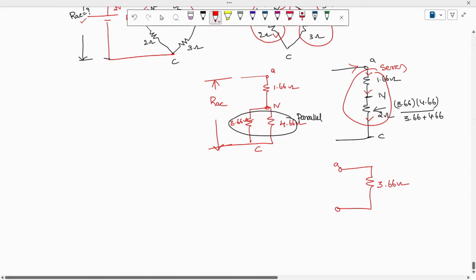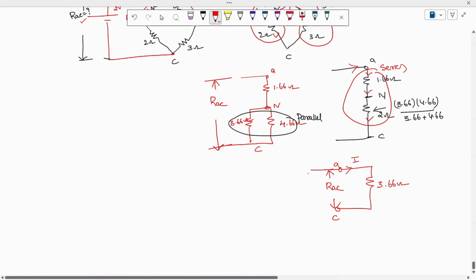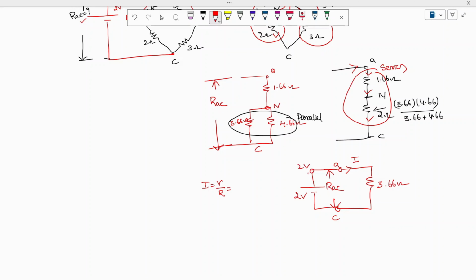This is A node, this is C node. This is nothing but RAC, and I want the current in this one. We are applying a voltage of 2 volts. Therefore, current I is equal to V by R. What is the voltage at this point? It is 2 volts. The voltage at this point is 0 volts.